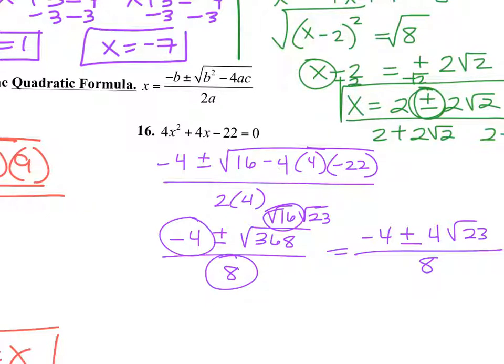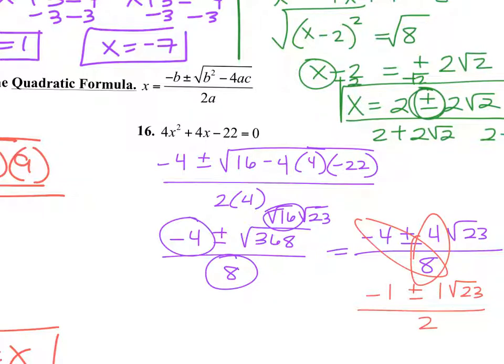Now you can reduce. If we're dividing by 4 everywhere, you would get negative 1 plus or minus rad 23 over 2. So technically you could just write it as negative 1 plus or minus the square root of 23 over 2.